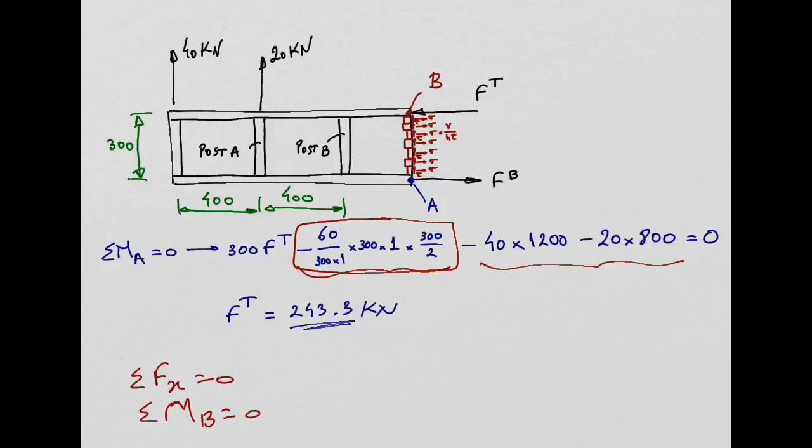Right, so part C is they ask you to calculate the forces in post A and post B. Now we need to calculate the forces in the two posts. So let's start with post A. So maybe I can use a new one.